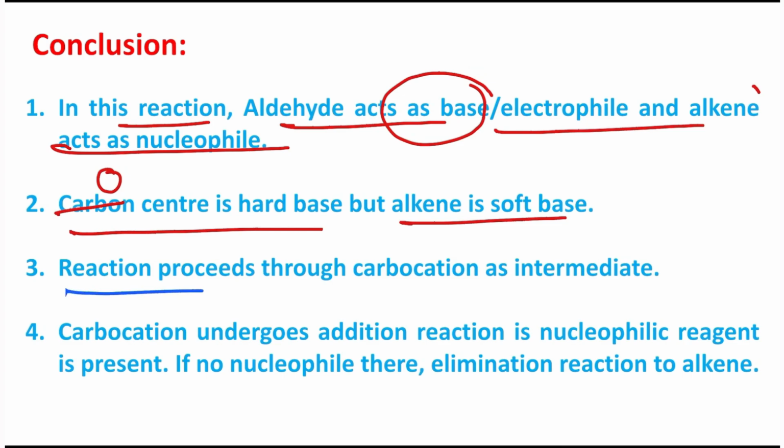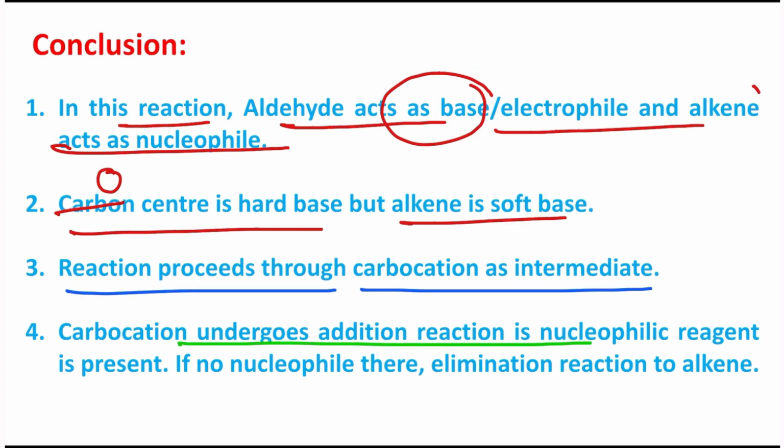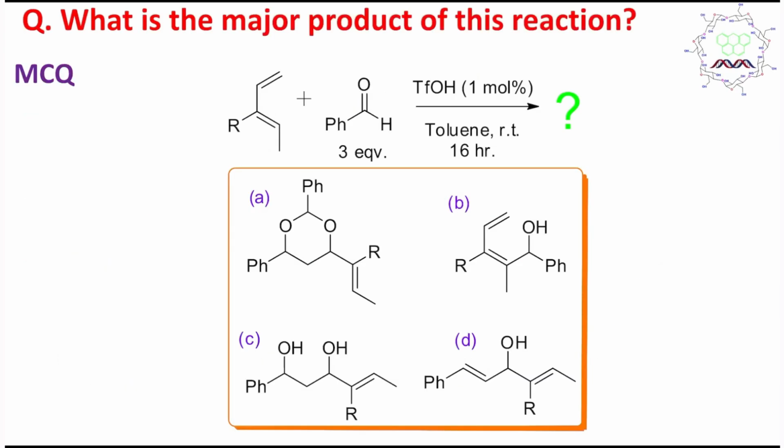Third, the reaction proceeds through a carbocation as intermediate. Now the carbocation can undergo an addition reaction if any nucleophilic agent like water or acetic acid is present. If no nucleophile is there, then an elimination reaction happens to produce the alkene, because H plus eliminates and the molecule gets neutralized.